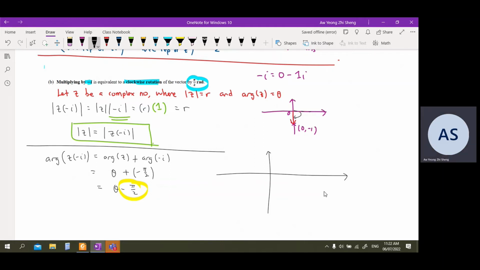So for any random complex number z, for example, I have this complex number here, let's say with a length of 3 units from the origin. If I know this theta here, I just need to measure the same theta here, and it will be 90 degrees here, because this angle would then be 90 degrees minus theta.